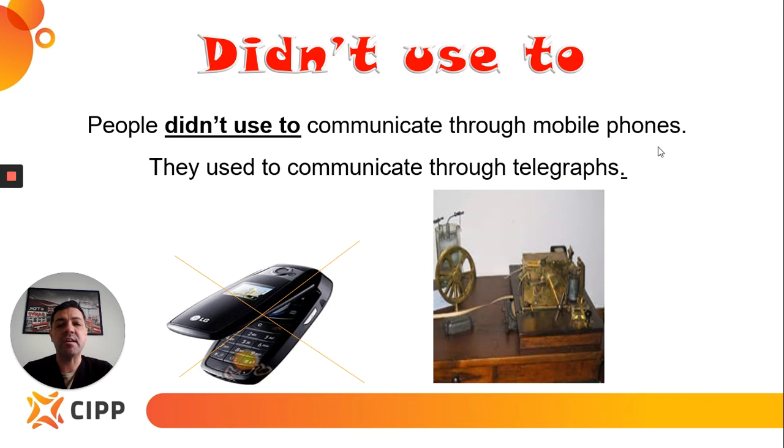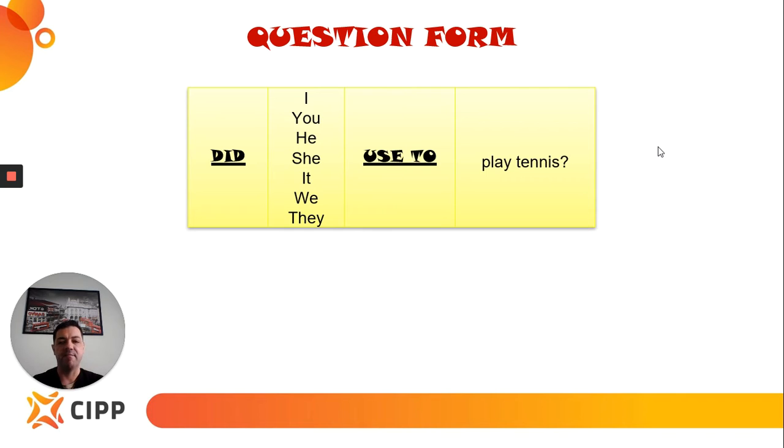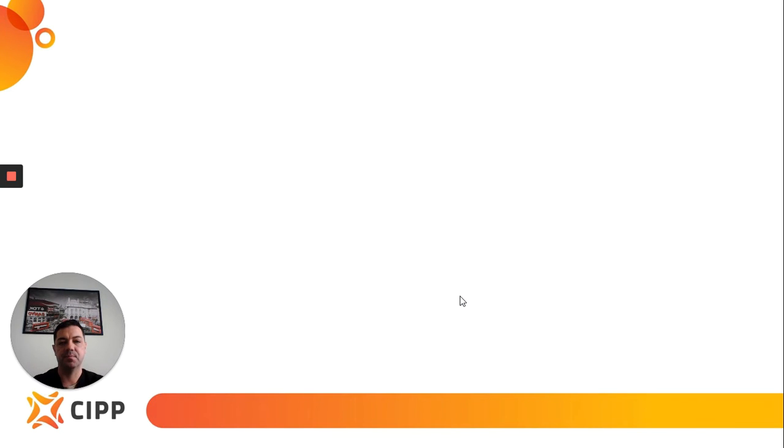And we also have the questions, of course. What is the idea of the question? You have "did" plus subject plus "used to" plus play tennis or any other verb. Two examples for you.